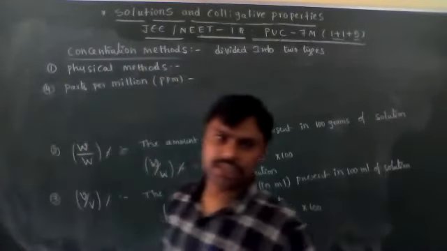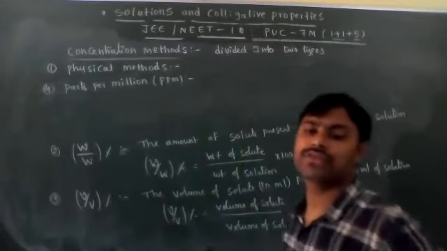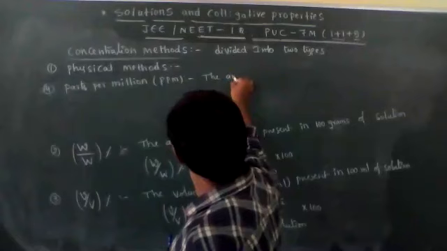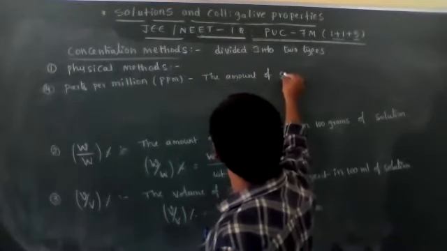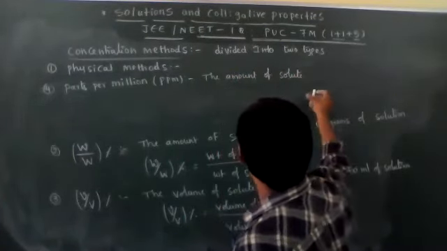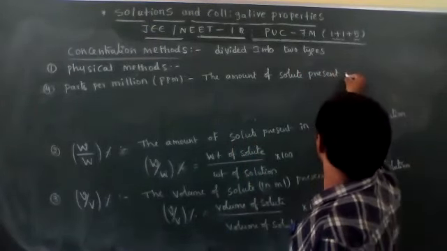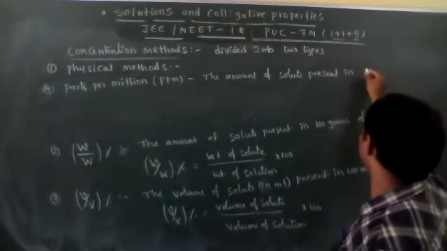What is the ppm definition? The amount of solute present in a million parts of solution. Million means 10 to the power of 6.